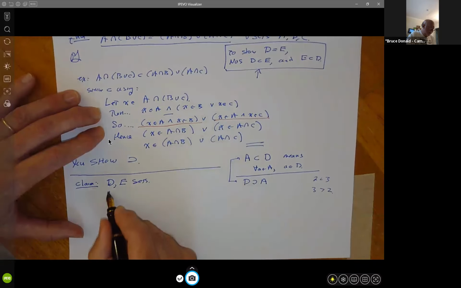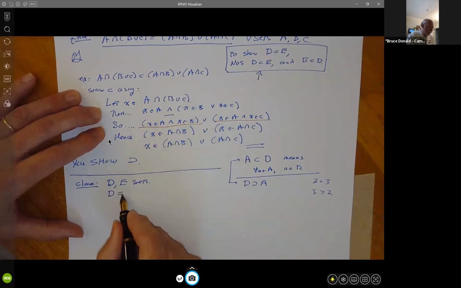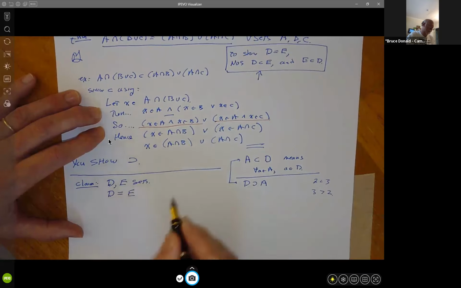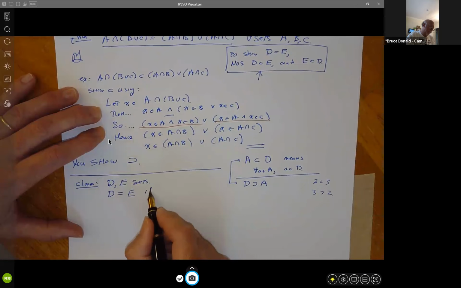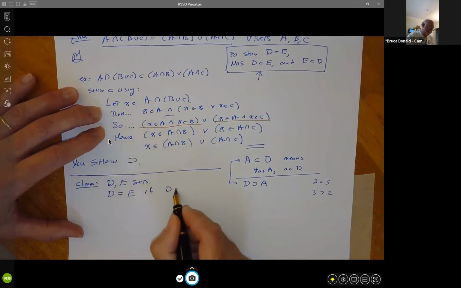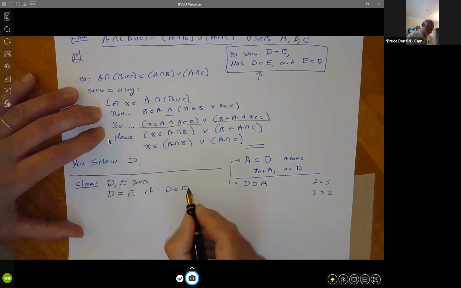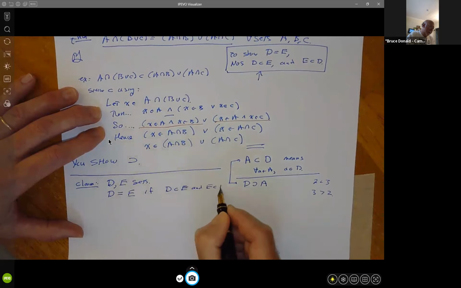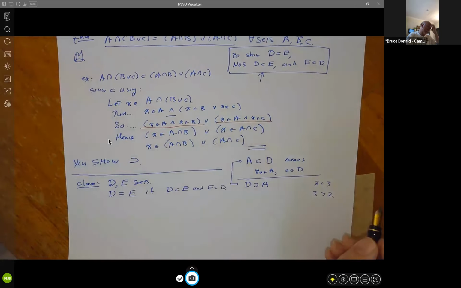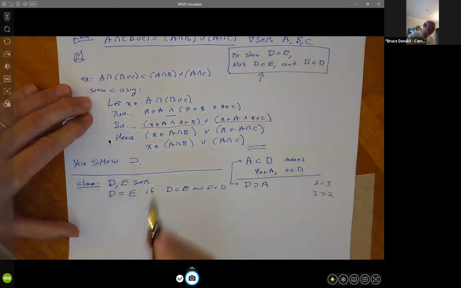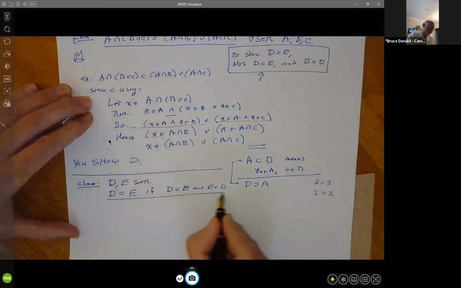So I claim that D is equal to E if D is contained in E, is a subset of E, and E is contained in D, right? So that's really the claim that we have to prove here.